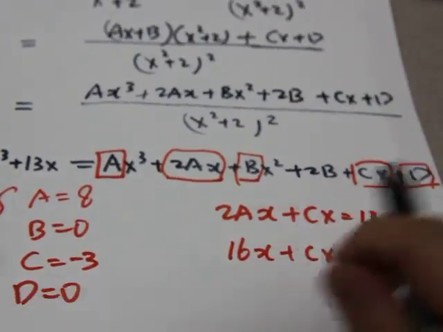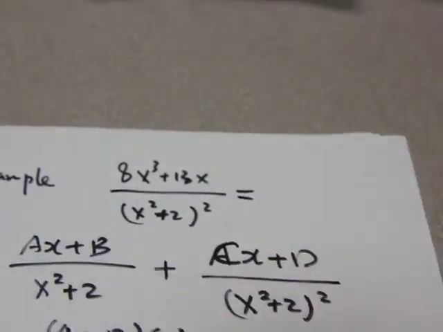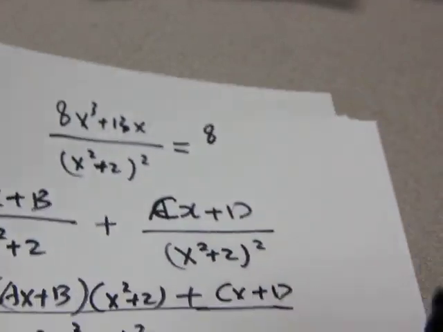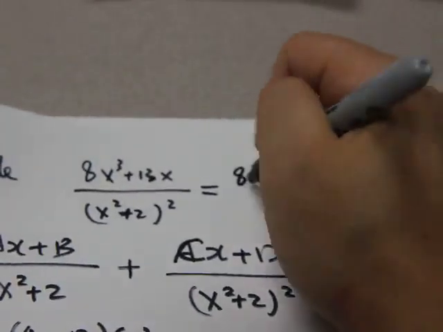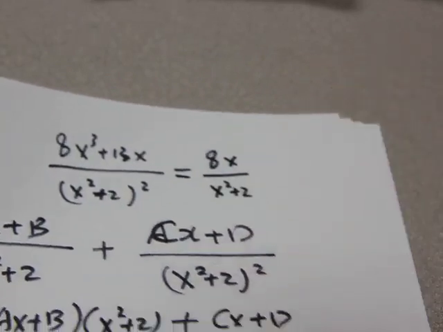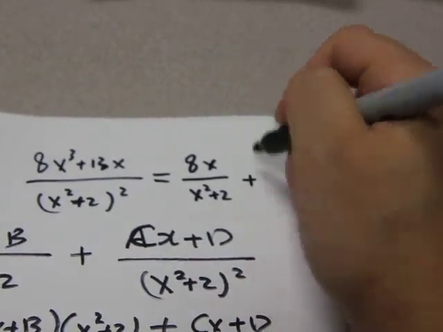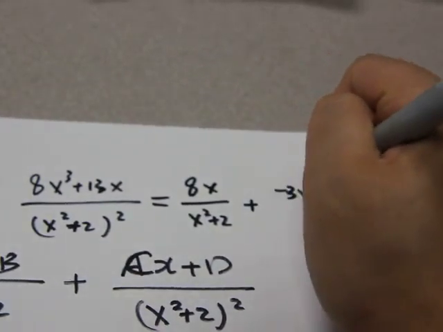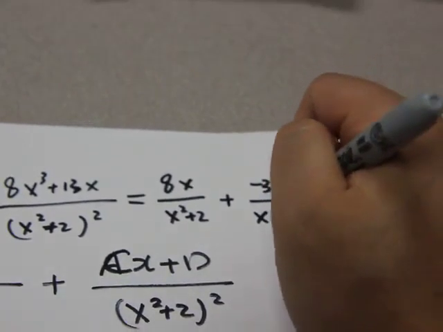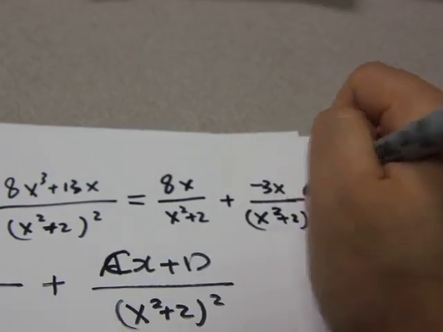So we can rewrite this into 8x over x squared plus 2, plus negative 3x over (x squared plus 2) squared.